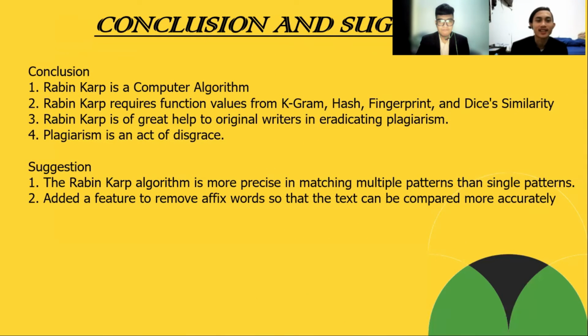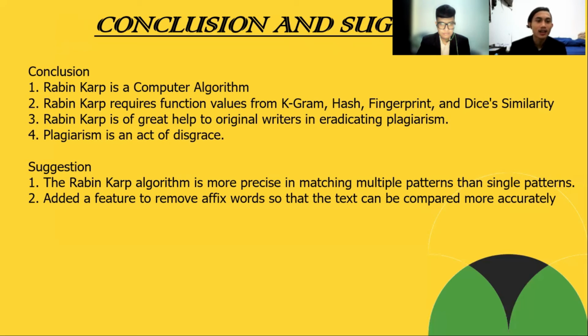Conclusion and suggestion. Conclusion. First, Rabin-Karp is a computer algorithm. Second, Rabin-Karp requires the functions of k-gram, hash, fingerprint, and Dice similarity. Third, Rabin-Karp is of great help to original writers in eradicating plagiarism.